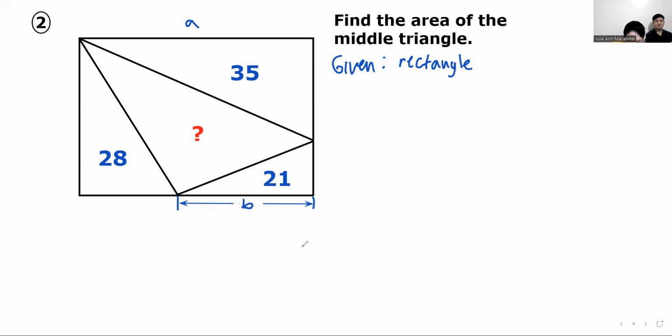Okay. So this is B. And then this entire side should be A. So therefore, this is A minus B.